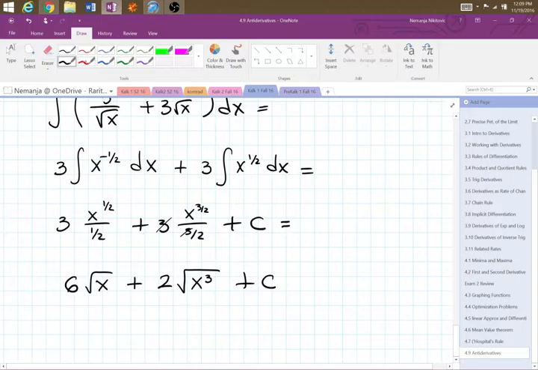I'm just going to make a note on the side, something from algebra that you should remember. And that is x to the m over n is the nth root of x to the m.